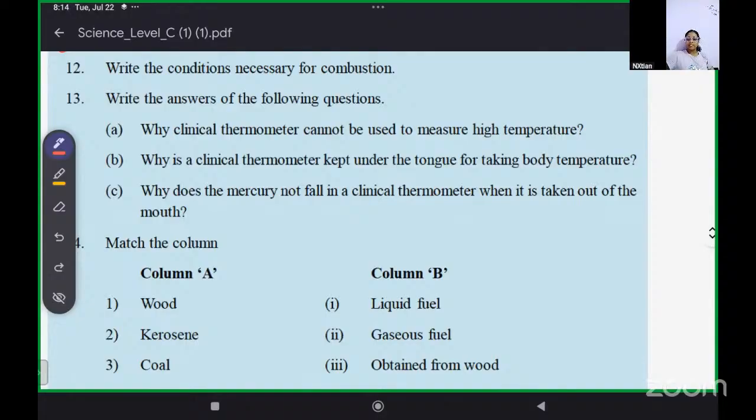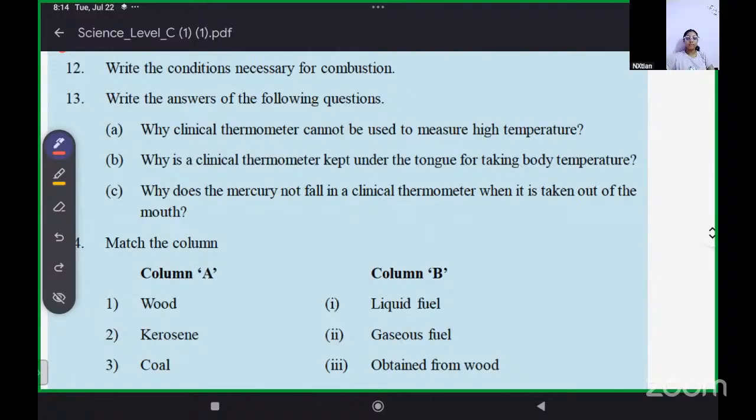Now, why can clinical thermometers not be used to measure high temperature? Emma? Ma'am, clinical is the electric one, right? Or the normal one? Normal clinical, the one with mercury.